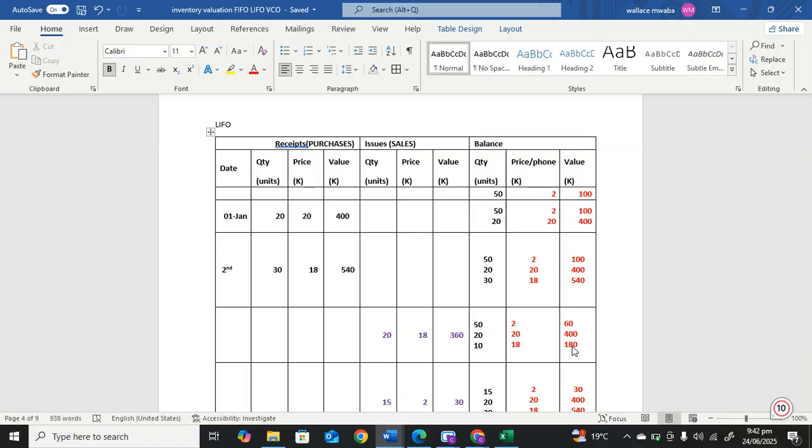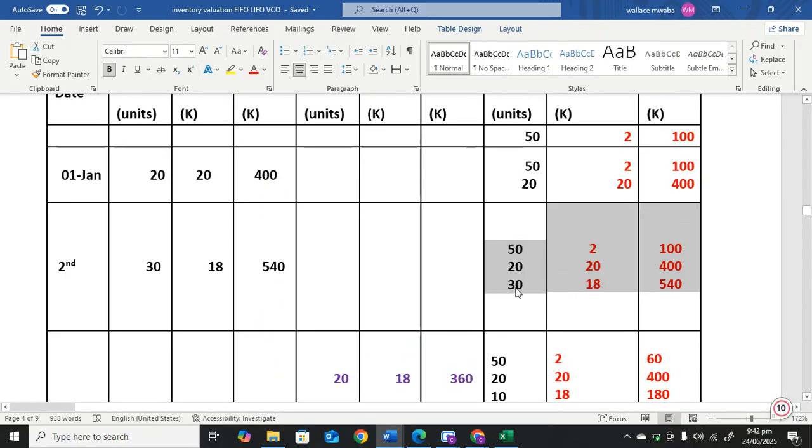Okay, we issued 20 units. So we're going to remove it from the batch that came in last. And the batch that came in last was these 30 units valued at 18 kwacha. So these 20 units that have been issued will be removed from this batch at the bottom here.